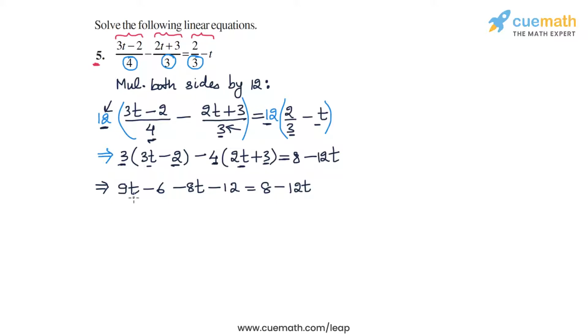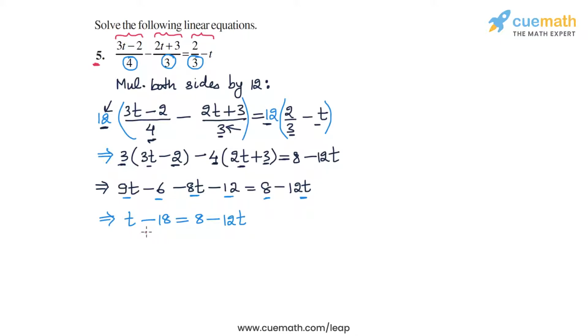Now on the LHS we have 9t minus 8t, that is equal to t, and minus 6 minus 12, that is equal to minus 18, and on the RHS we have 8 minus 12t. Okay, so this is the equation that we have.